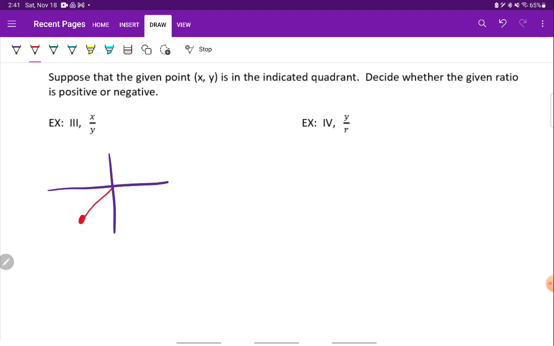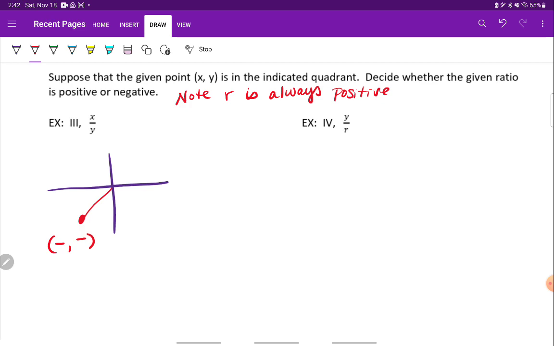We're here in quadrant 3. And remember that in quadrant 3 the x value is negative and the y value is negative. Note that our r value is always positive. r represents the distance from the origin to our point.